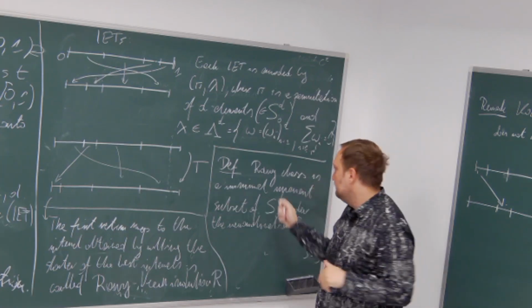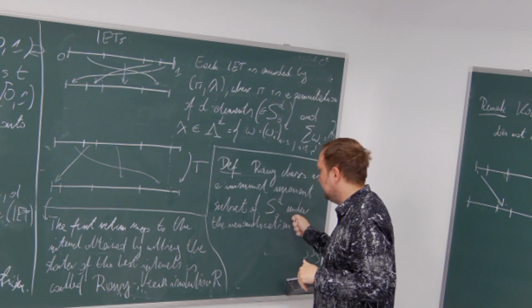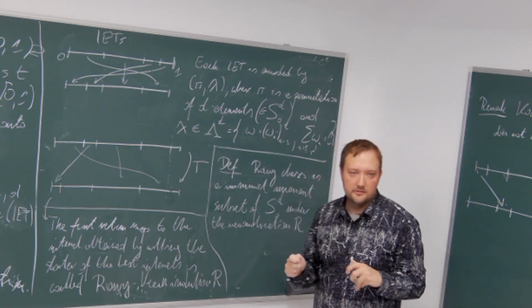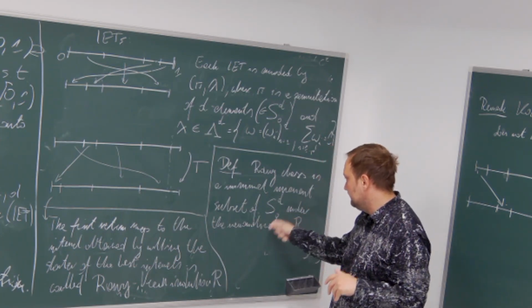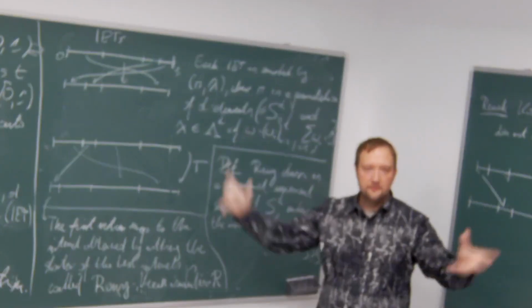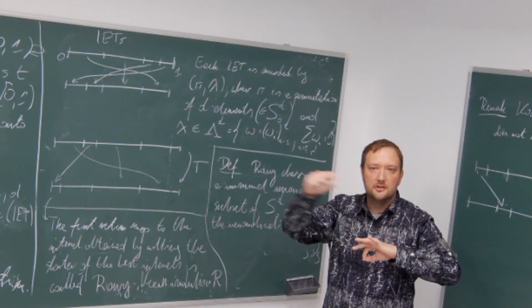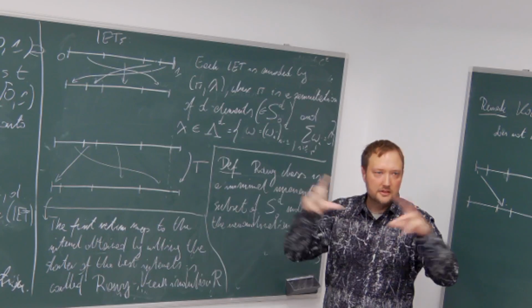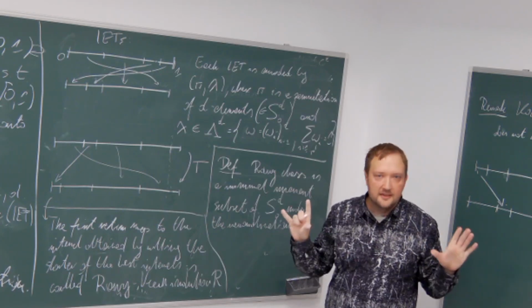So when I mean a minimal subset of SD invariant under renormalization, I also mean including all the iterations of R, wherever they are well defined.